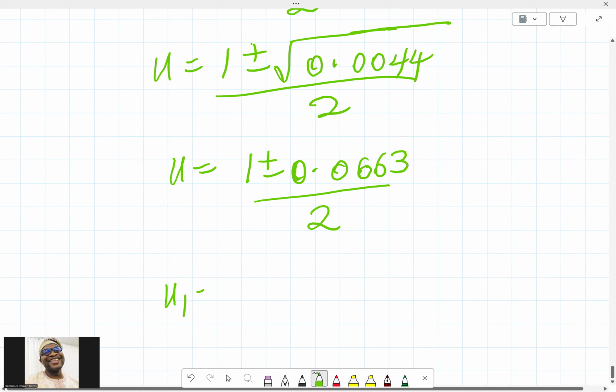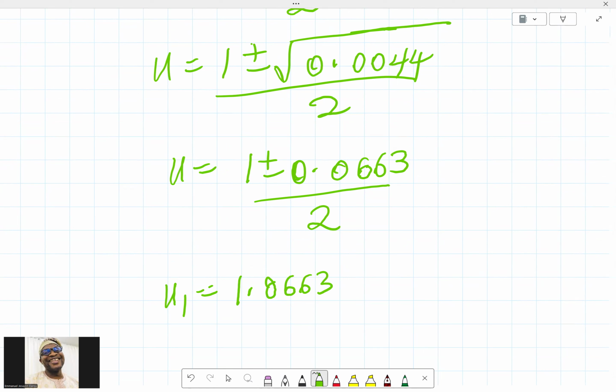So U1 will be, let's say, the positive one, which is 1 plus 0.0663, and U2 would be the negative one, that's 1 minus 0.0663, which is 0.9337. So these are the values of our U.